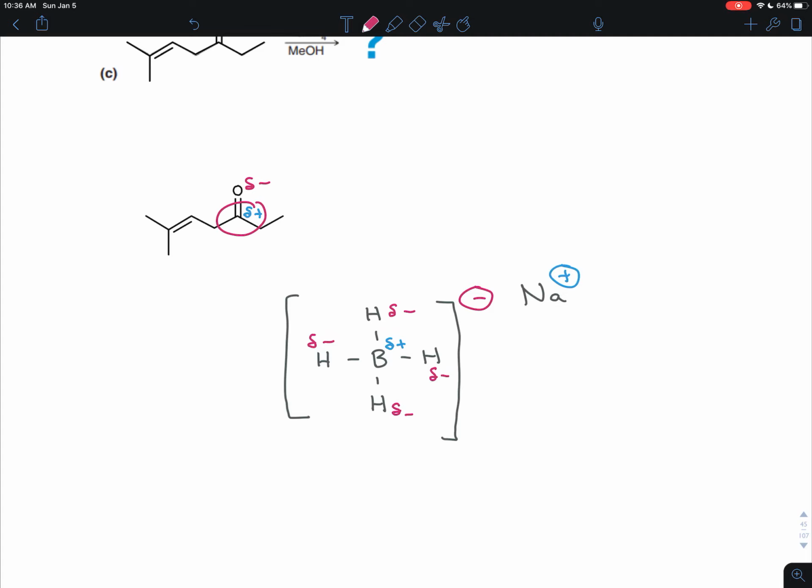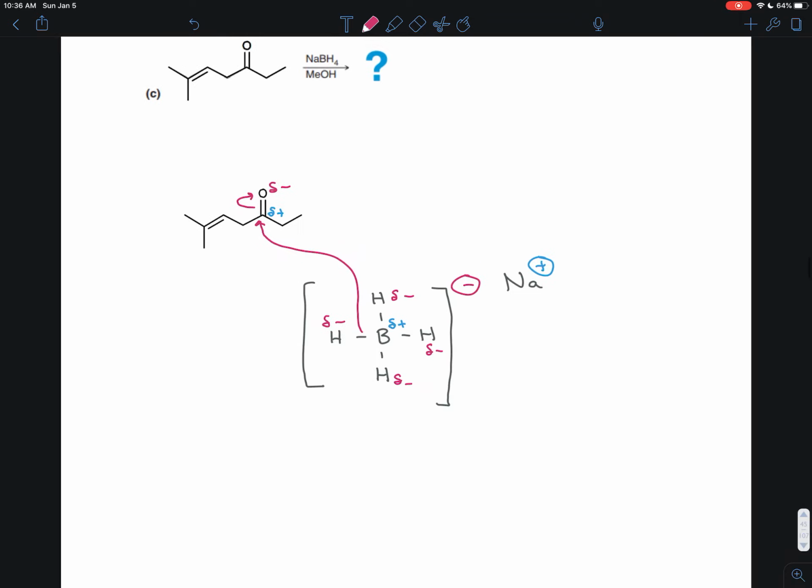And that makes that carbonyl carbon attractive to these hydrogen nucleophiles. So the electrons in this hydrogen here will come in, swoop in, attack the carbonyl carbon, and the weakest bond, the pi bond, will break, and the electrons will go on to the oxygen there.